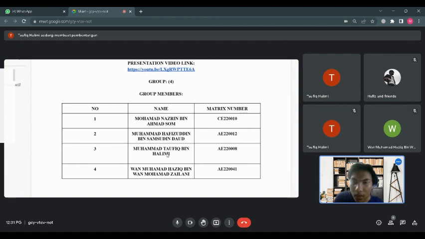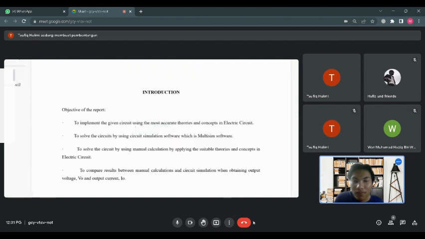We move to the next part, the introduction. The objective of this report is, first, to implement the given circuit using the most accurate theories and concepts in electrical circuits.